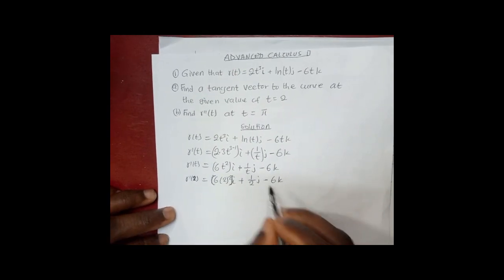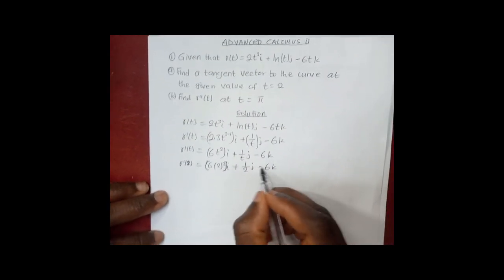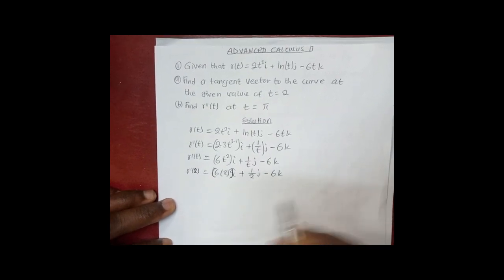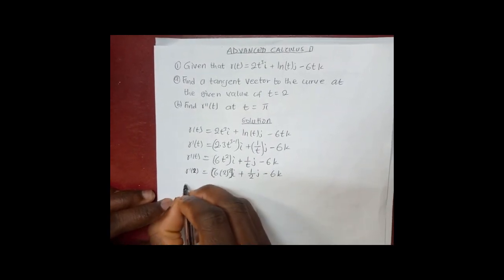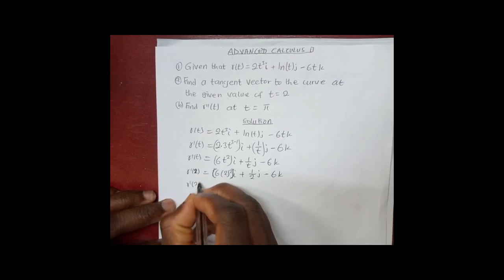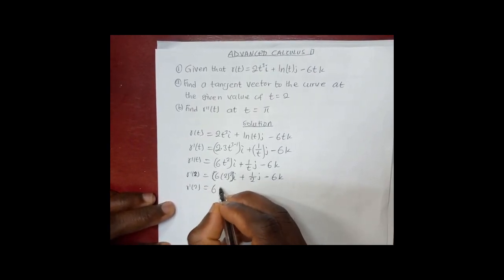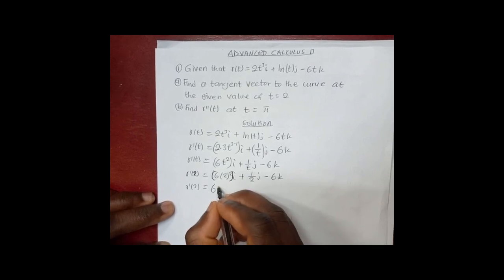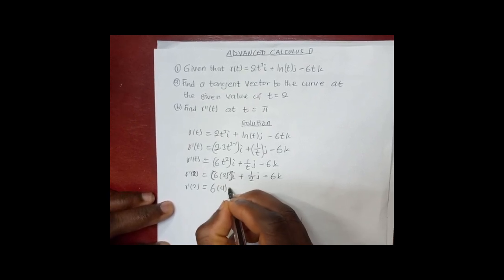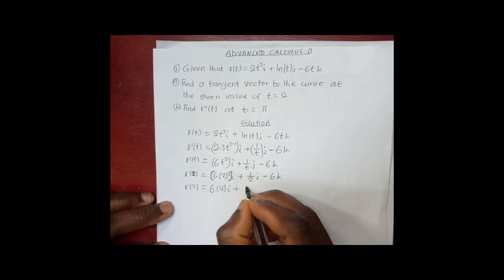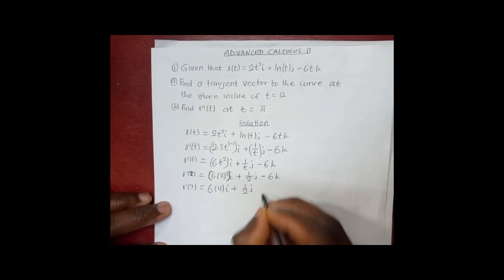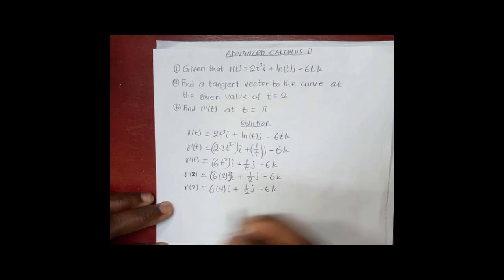This is a constant, so it doesn't have t attached to it, so we maintain it like that. So r prime of 2 is equal to 6 multiplying 2 exponent 2, which is 4, i plus 1 half j minus 6k.